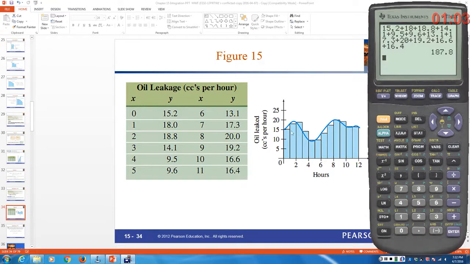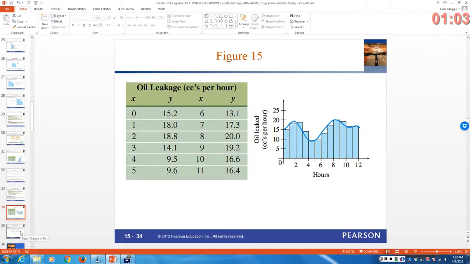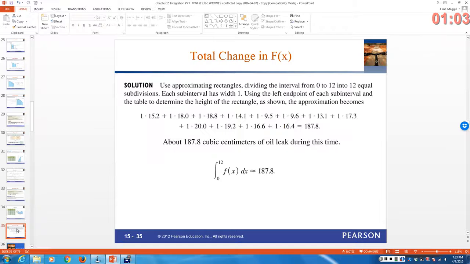And since we do have some underestimation and a little bit of overestimation, we're taking into account that this is approximate. So the total amount leaked is approximately 187.8 cc's over that whole entire time. About 187.8 cubic centimeters of oil leak.